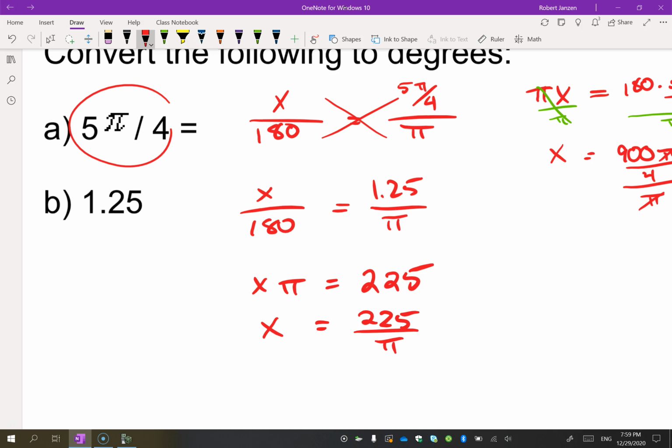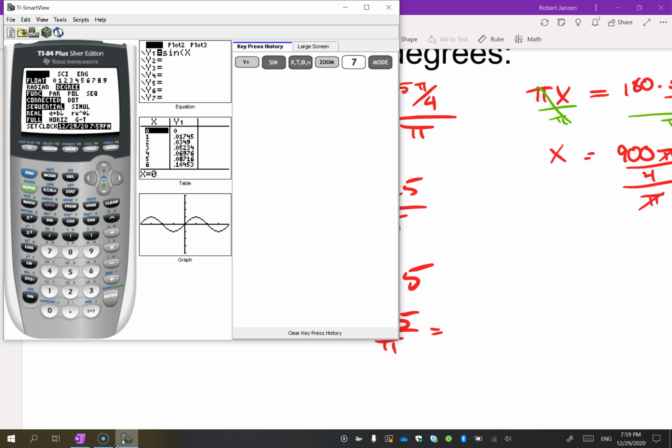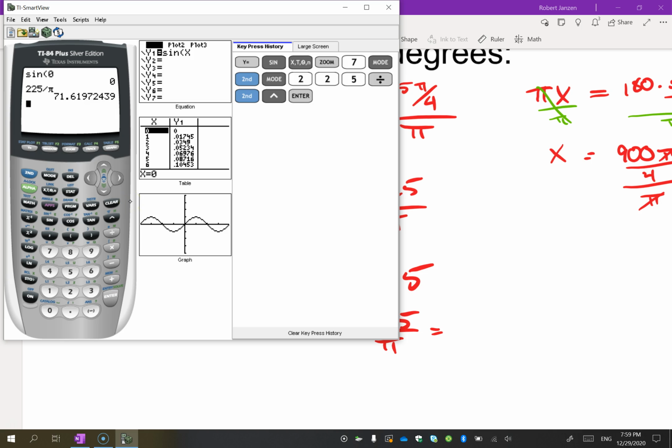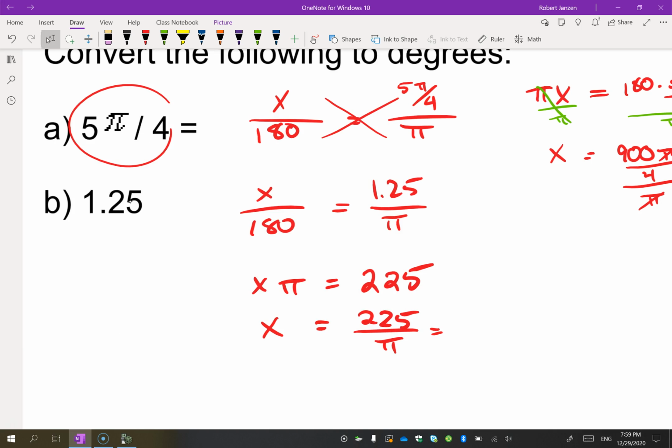Okay, now since this is degrees, I would say this is going to be a calculator question. Let's go, what is 225 divided by pi? 71.6 degrees. We'll say 72 degrees. Okay?